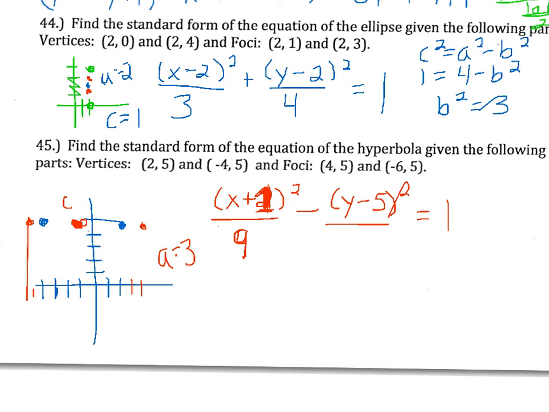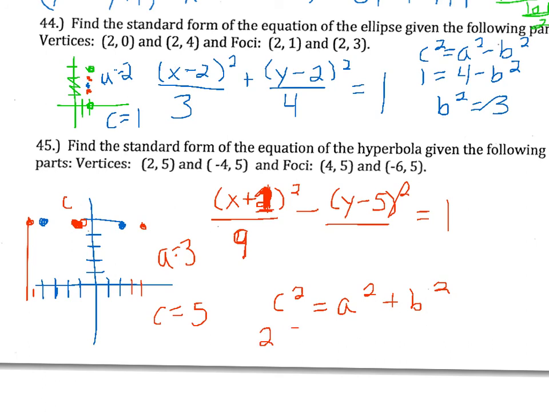And then for our b value, we don't know it, but we do know our a and our c. C is the distance between our center and our focus. And so since our center is at -1 and our focus is at 4, we know that c equals 5. So we use the focus equation for the hyperbola, which is c squared equals a squared plus b squared.